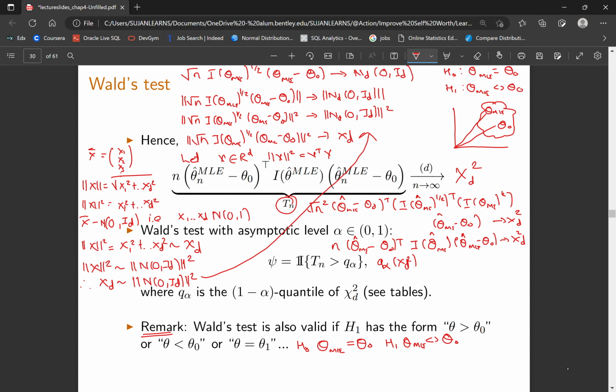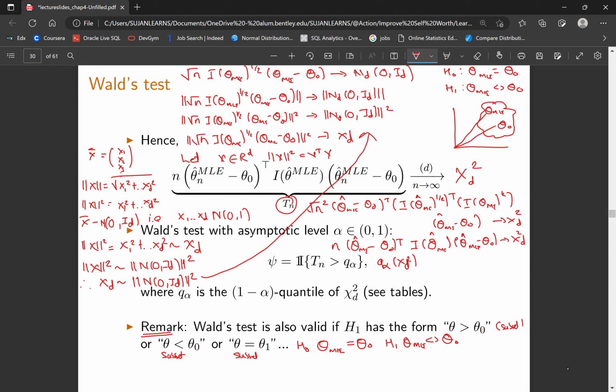Now look at this. Theta smaller than theta naught is a subset of theta MLE not equal to theta naught. And this is also a subset of this. Correct? And theta equal to some other value is a subset of that, because theta 1 can be any value besides theta naught.